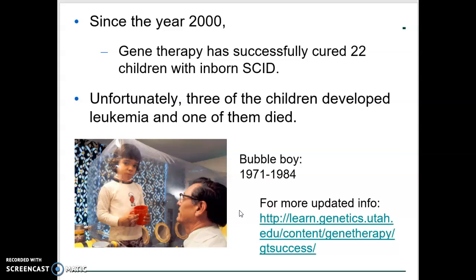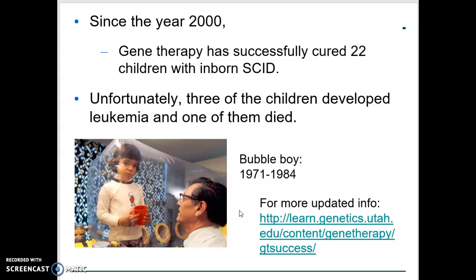Because if you remember, we're using retroviruses that have their nasty genes taken out, and we've put in the correct gene that these kids needed. We don't always know where that retrovirus is going to incorporate the gene into the recipient.